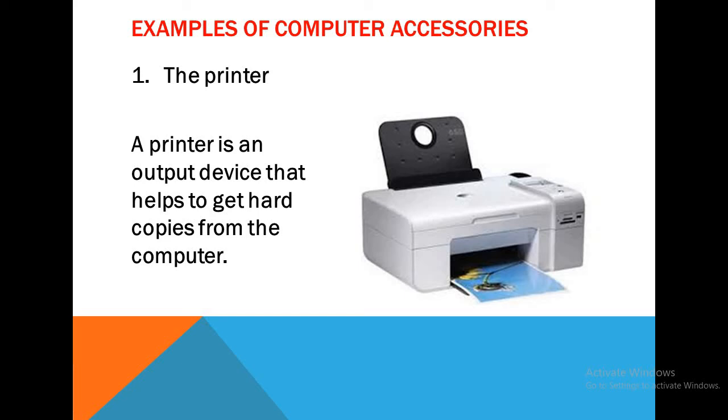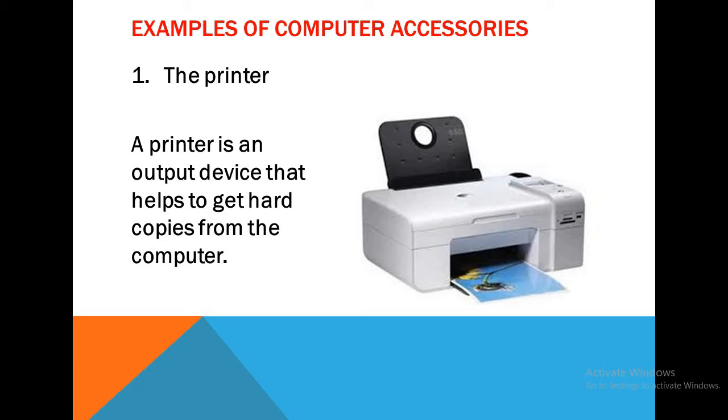So it means that your textbooks and your notebooks are all examples of the printed out work from the printer, because they are all hard copy works. So a printer is an output device that helps to get hard copies from the computer.